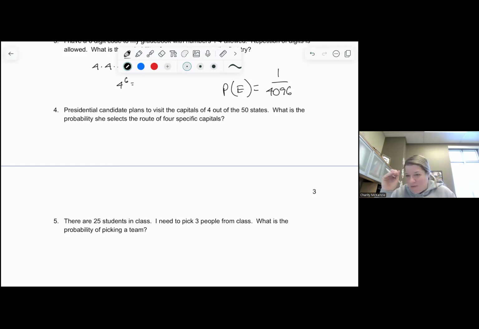You don't want to go to the same one over and over, right? So you want it to be unique. You don't want repeating. I want to go to 4 different ones, is how they worded it. So that means I have 50 choices for the first one, and then 49 and so forth. You could think of this as 50, choose 4, and it is a permutation. So I'm going to go 50 into my calculator, do a permutation 4, and I got a big old number.